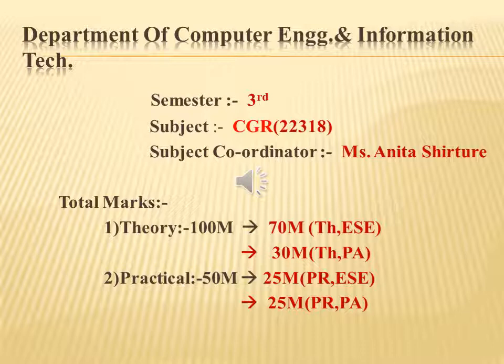First, we see the total marks of this subject. In theory, 70 marks for theory end semester and 30 marks for theory PA, which includes 20 marks for unit test and 10 marks for micro project.